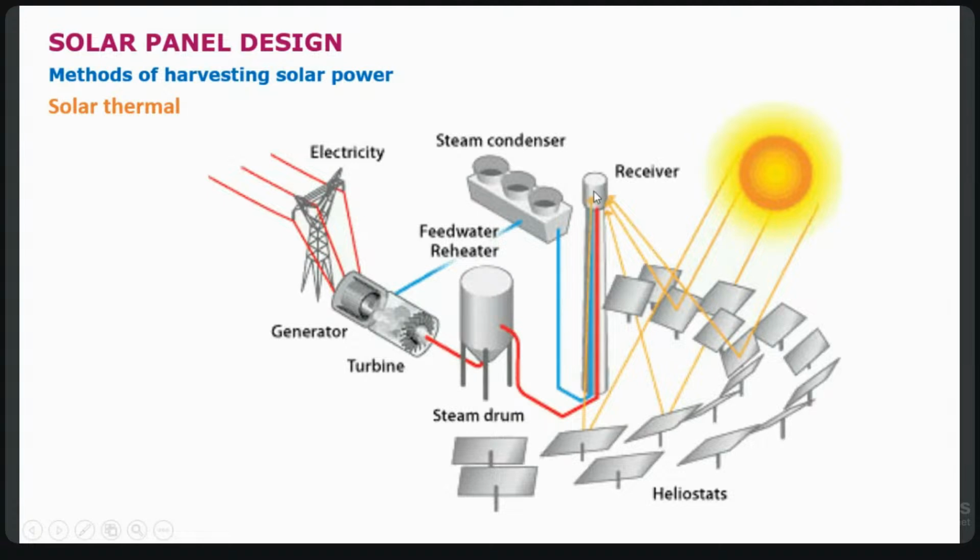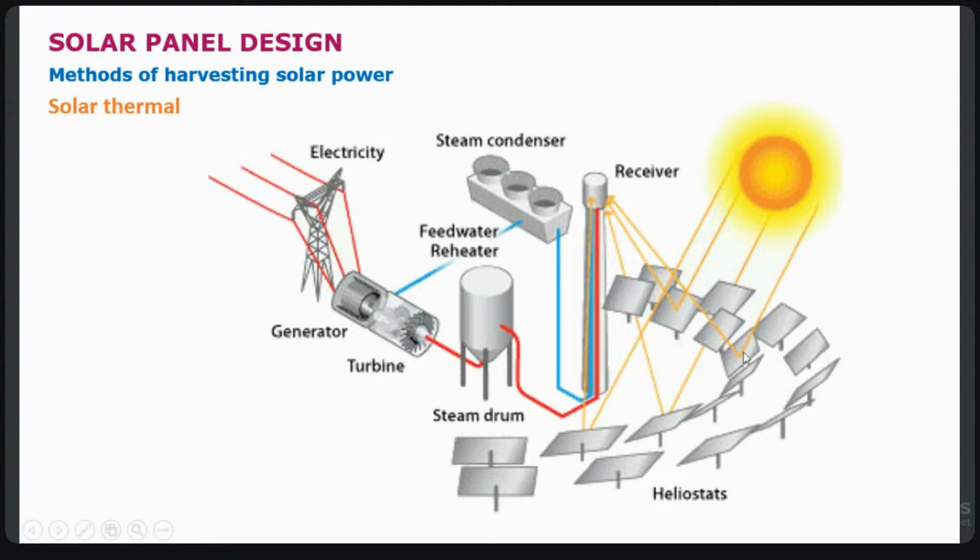So simply it works on the principle of a steam turbine. After the steam turbine process, steam will be generated and the turbine will convert mechanical energy into electrical energy.